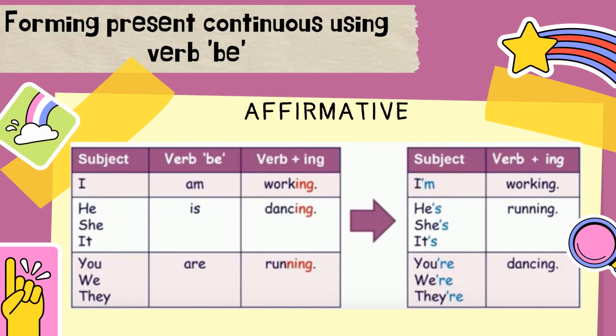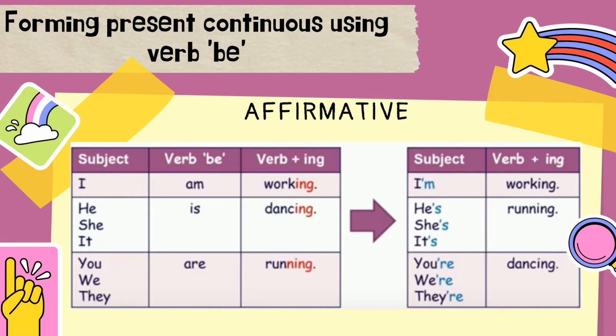Okay, we have affirmative. Affirmative means positive. So, as usual, you need to refer to this table so that you will be able to understand better. Our subjects are I, he, she, it, you, we, they.